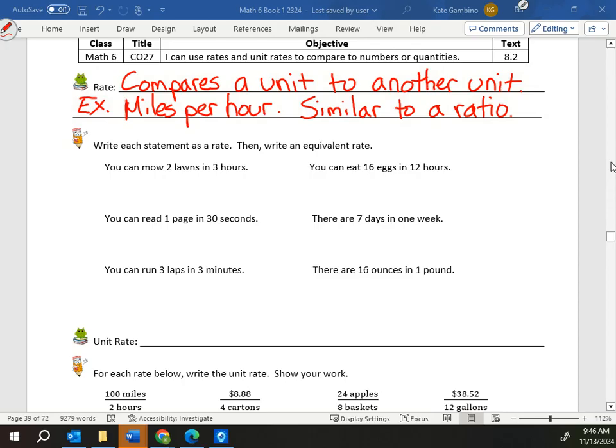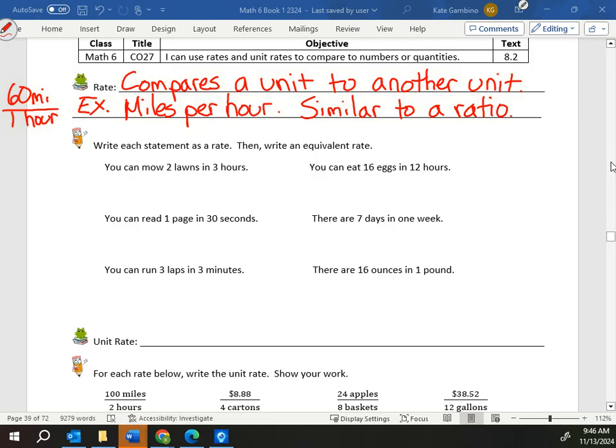So when we say miles per hour, so on the highway you might go 60 miles every hour. So if the speed limit is 60, that's 60 miles per hour. That's how fast you can go. And we'll see it written as a fraction, 60 miles per hour.